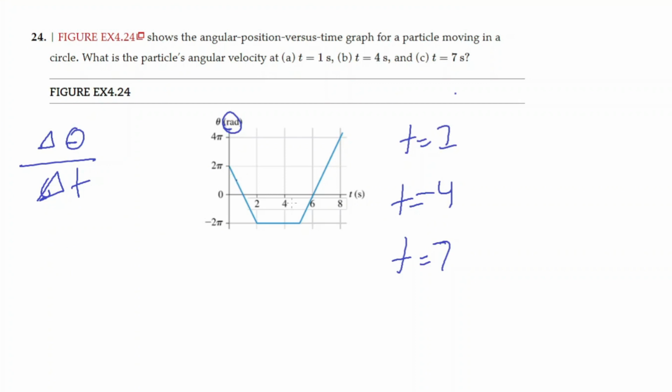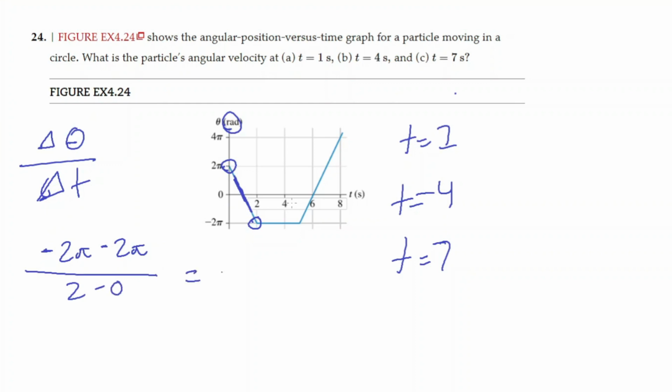First we want to find the slope. Since this is a position versus time graph, the slope is going to give us our velocity. So t equals 1 second is going to be around here. Using the angular velocity equation, delta theta is negative 2 pi minus 2 pi, and then over delta t, which is 2 minus 0.